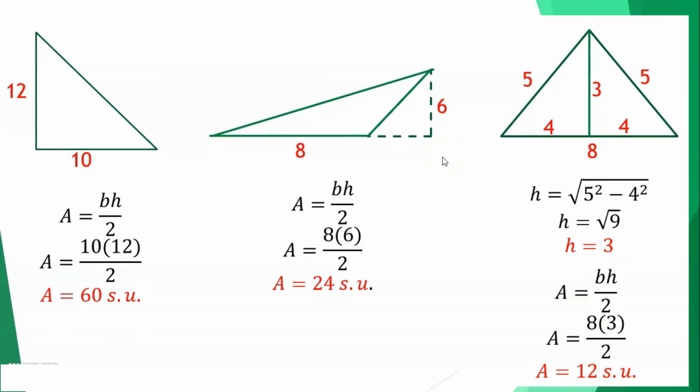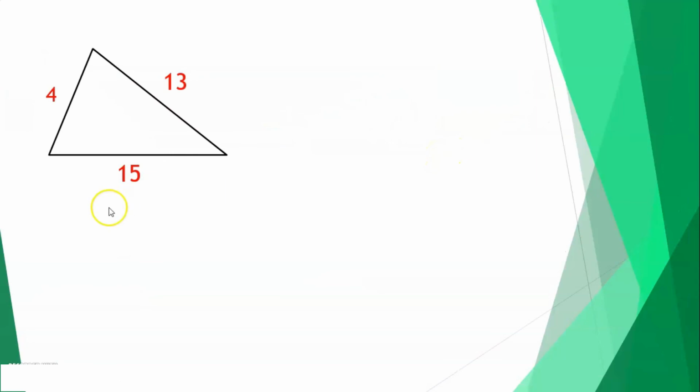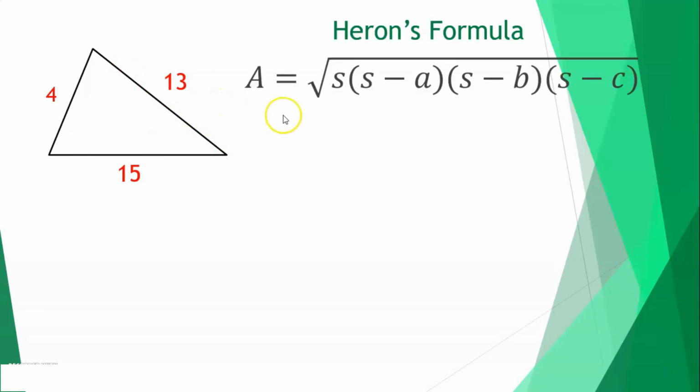Now, another example. Now suppose I give this oblique triangle with one side as 4, the other side is 15, and the other side is 13. So with this one, it is hard to find the height. So with this one, we can make use of Heron's formula.